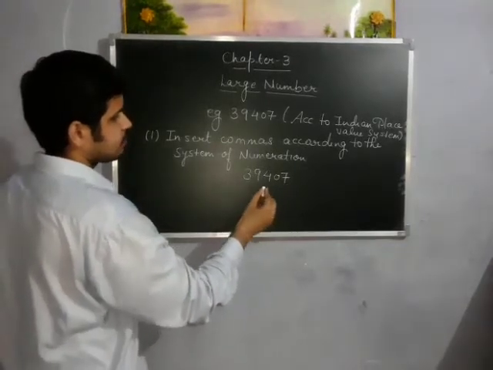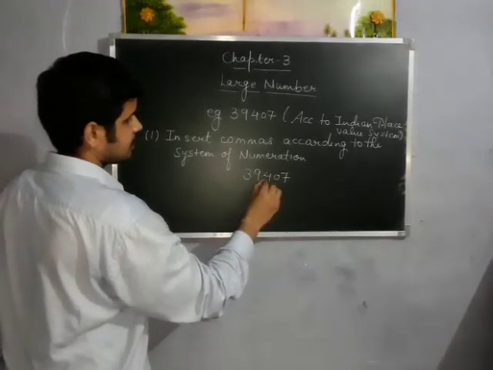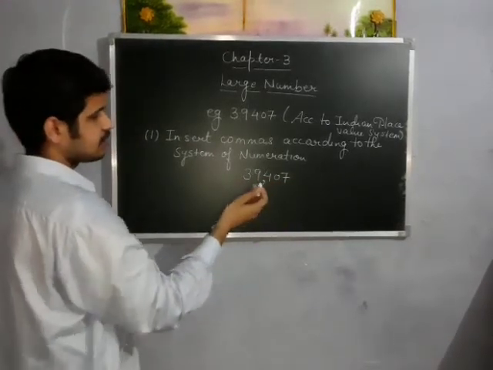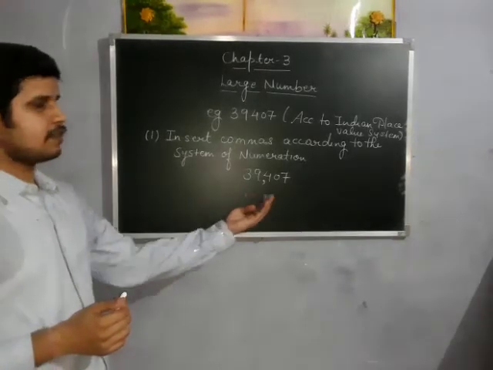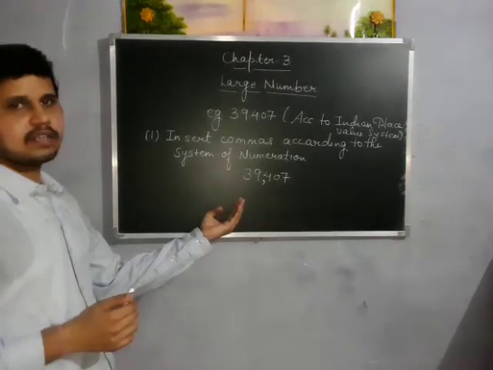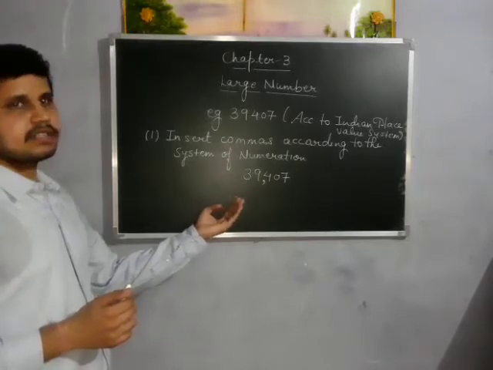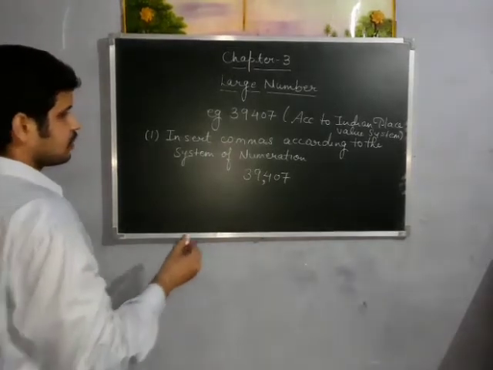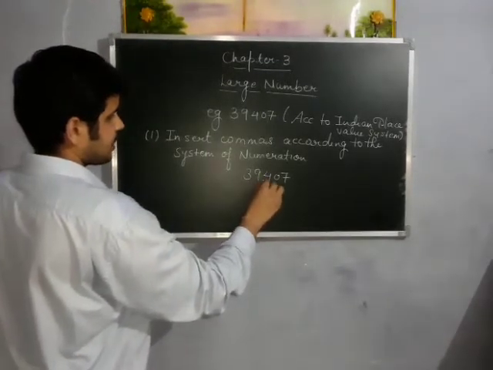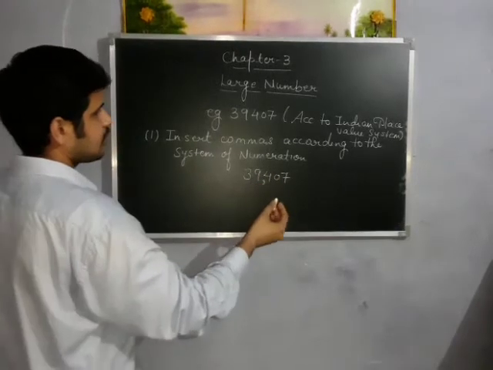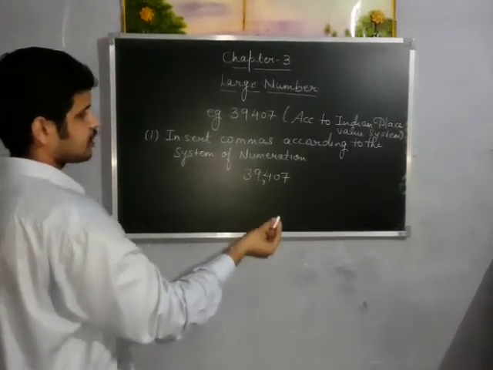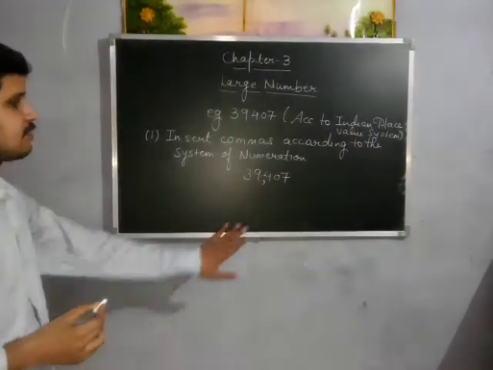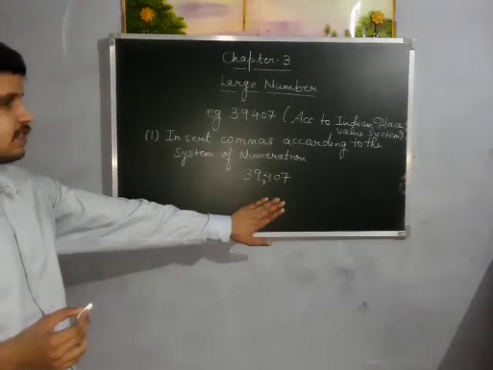In the Indian place value system, the first comma will be after 3 digits from the right, and then the next comma will be after 5 digits from the right. Another comma comes after 7 digits from the right. So in the very first step we insert commas according to the system of numeration. We are discussing the Indian place value system, so we will insert commas like this.